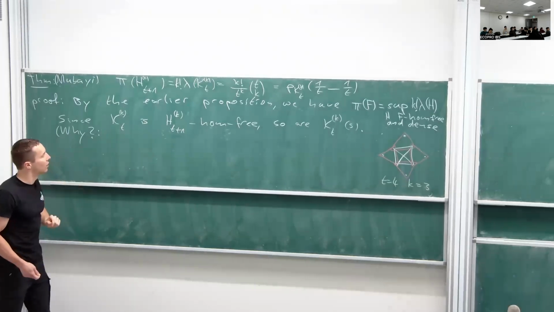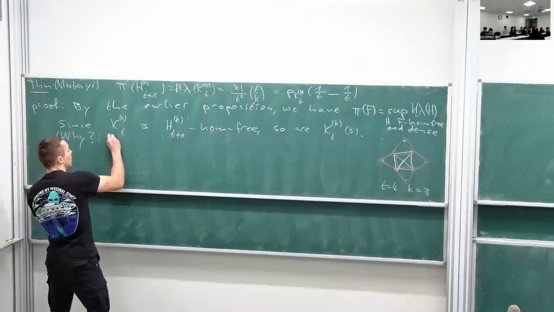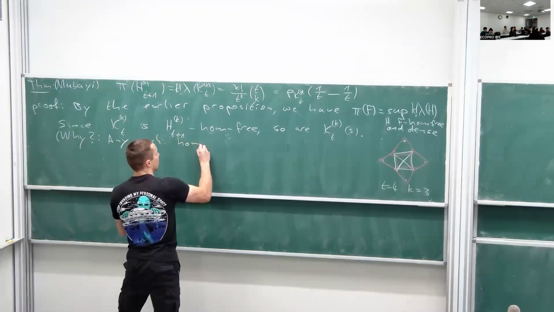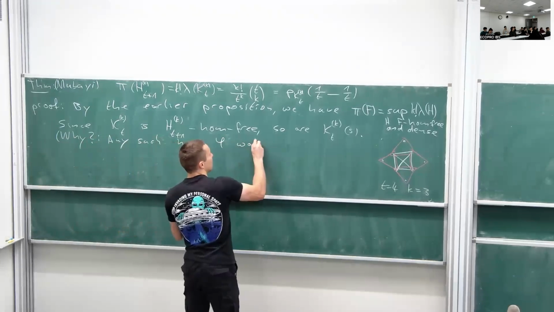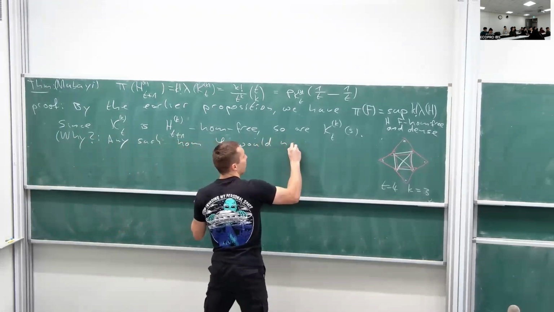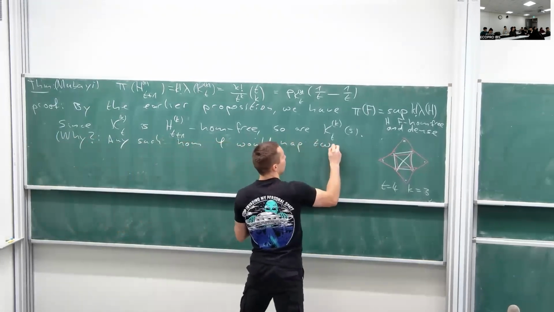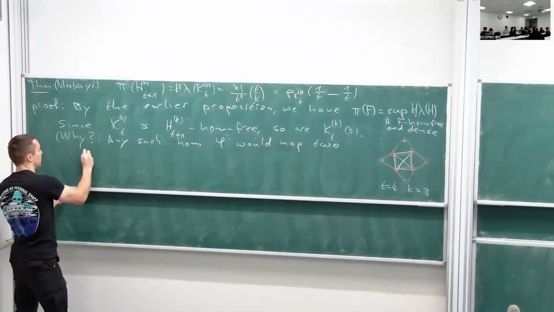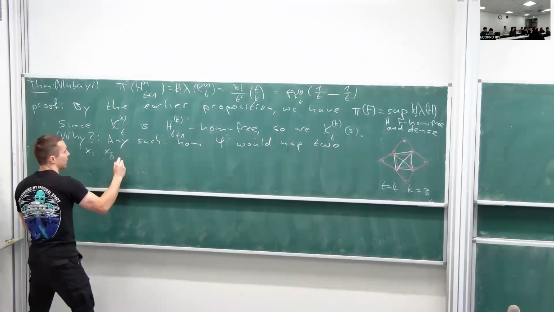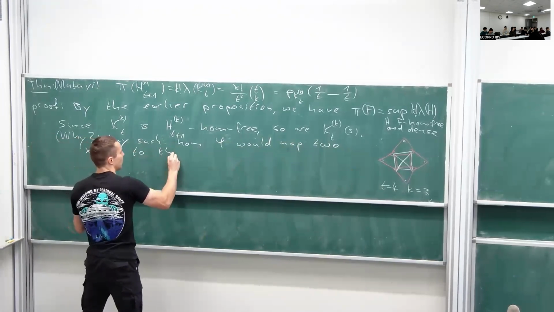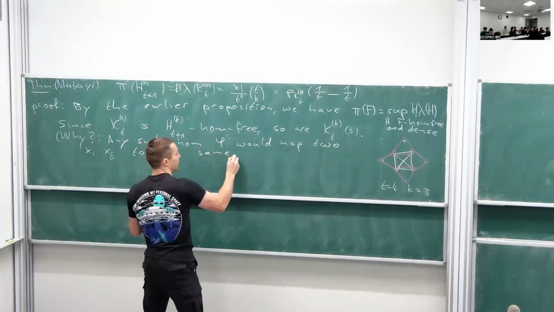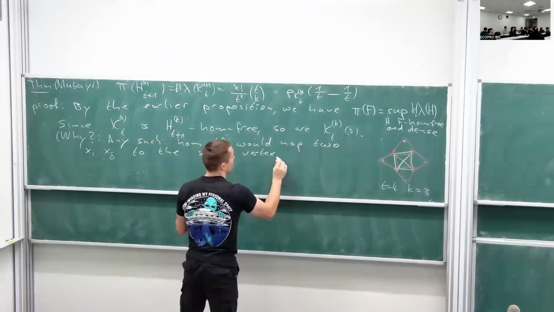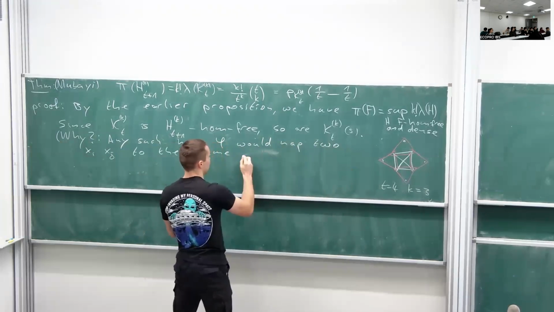Okay, so why don't we have a homomorphism from this? Any such homomorphism phi would map two of these x vertices, which were the inner ones, x_i, x_j, to the same vertex, to the same partition class.